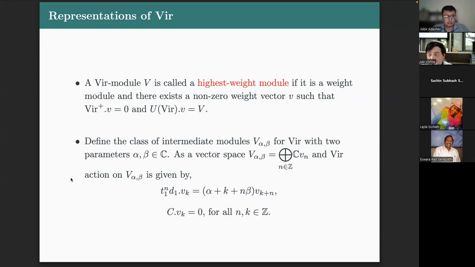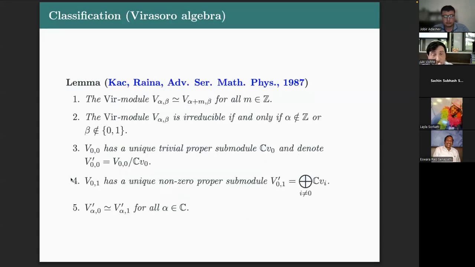Kac in 1982 studied these representations, and Kac and Raina appeared in 1987. They formalized the equivalence classes of isomorphic modules. The Z-translates of alpha give isomorphic modules V alpha beta.